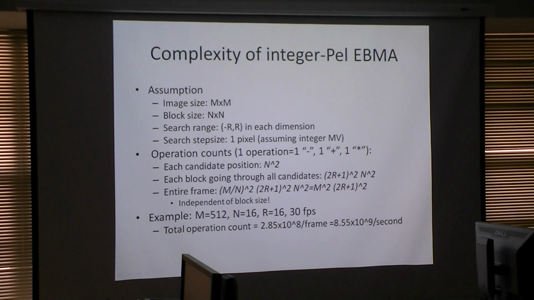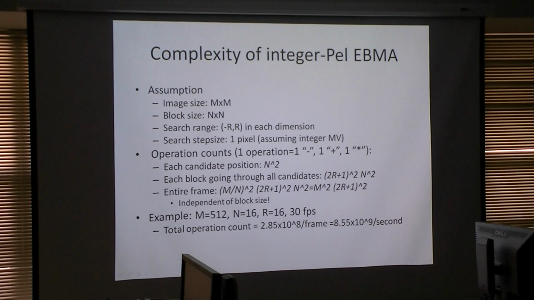Each block goes through all the candidates in the search region, so we have 2r plus 1 square candidate positions to be searched. And for the entire frame, we have m over n square macro blocks. So finally, the complexity is m square times 2r plus 1 square. So it's independent of your block size.